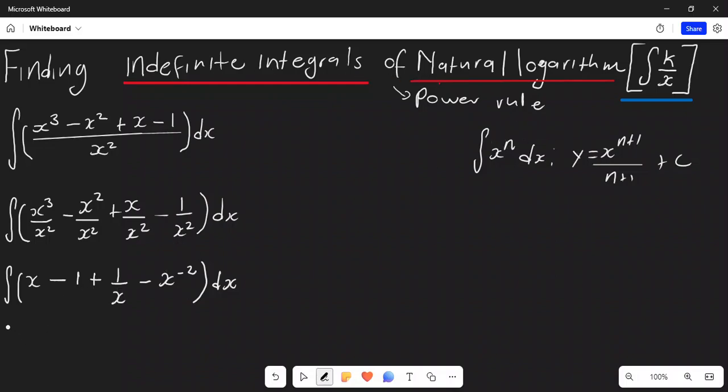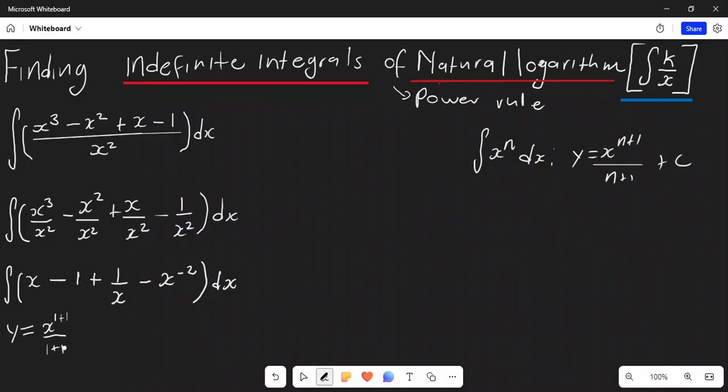So when we do that here, we have to substitute. Let's start with the first term. The first term is going to be x, and our n here is 1, so using this formula it's x to the power of 1 plus 1, divided by 1 plus 1. You don't put plus c here, you put the c at the end of everything.